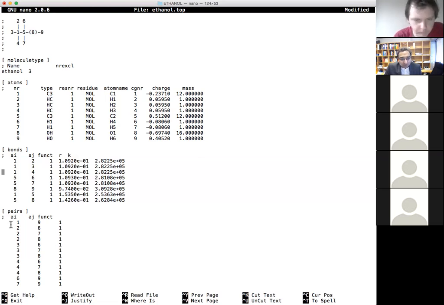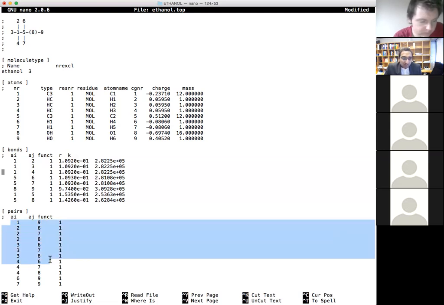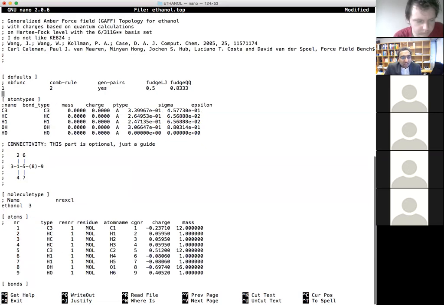And you keep doing that until you reach a consensus saying that, okay, for the 1,4 pairs that I have listed here, I will scale my Lennard-Jones and van der Waals interactions. And how I scale them is right here.